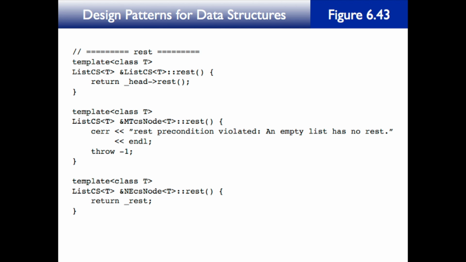But of course, the list only has an underscore head. It doesn't know whether there is a rest or not. If there is no rest, then that's a precondition violation. So the empty node version of REST implements the precondition. On the other hand, if it's non-empty, then the non-empty node has two attributes, an underscore data and an underscore rest, and it simply returns underscore rest.